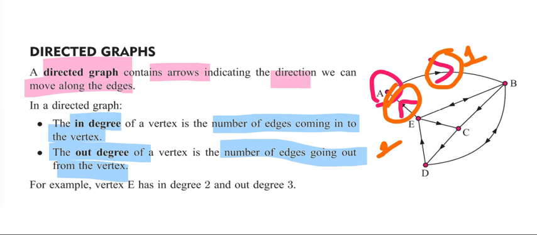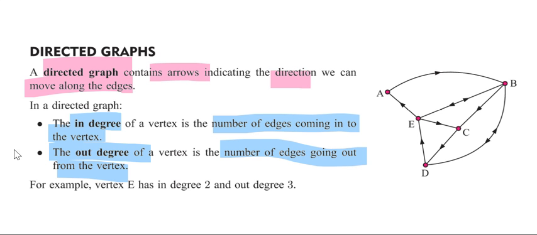Let's take another vertex so that we can understand in and out better. For example, let's take B. For B, how many in degrees do we have? We have 1, 2, 3. So in degree for B is 3. Let's talk about the out degree now.